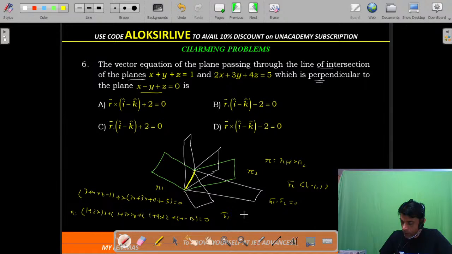Once you get lambda, then your thing is done because you get the plane. So you just have to write the plane in this form once you get that. So let me just write for you.